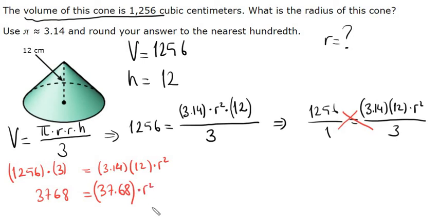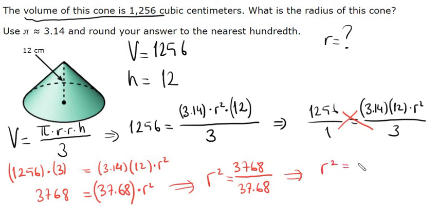times r squared. So in order to find the r squared, I have to divide 3768 by 37.68. If you just divide this number by this number, you're going to get 100.